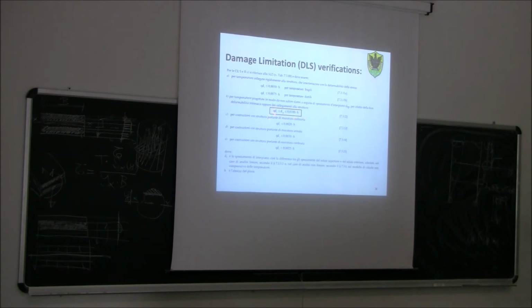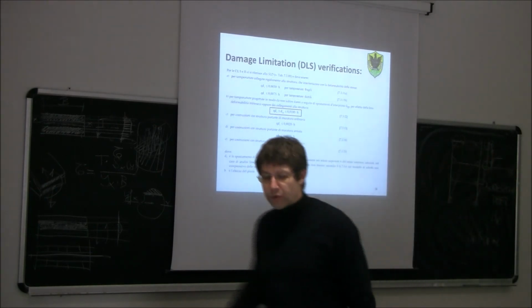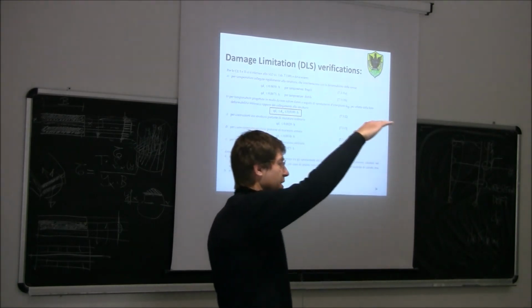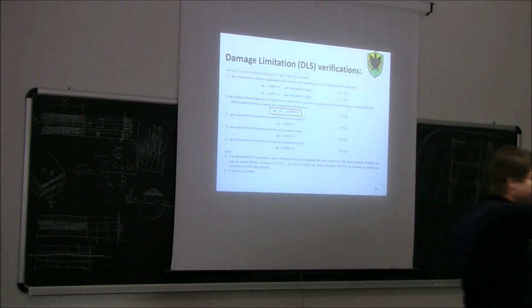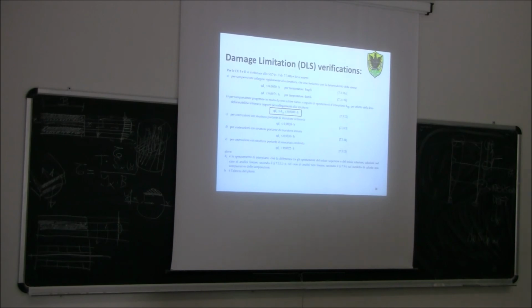So for timber, the limit can be increased. You see, we can move from 0.005 to 0.01, which means that for timber, on a 3 meter interstory height, we can accept up to 3 centimeters of relative displacement, so of interstory drift. Okay? So we are a little bit more tolerant for timber buildings.